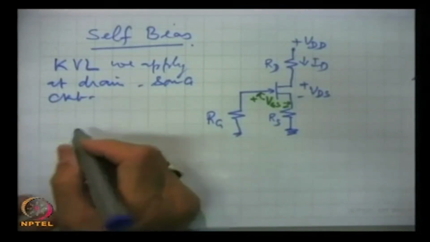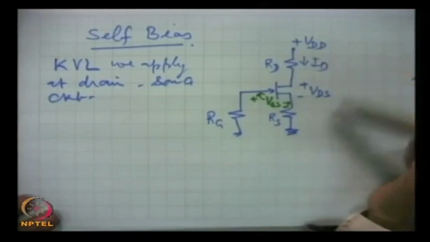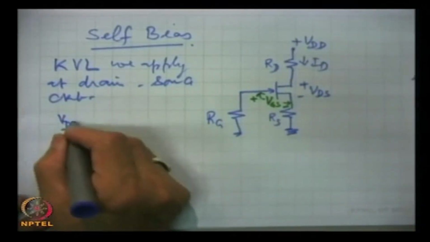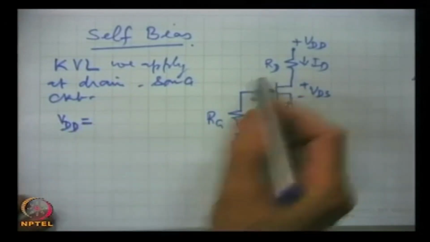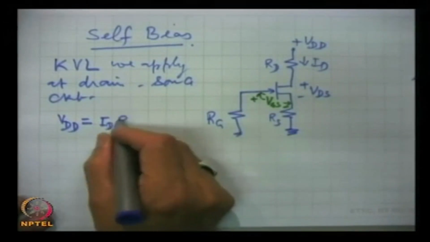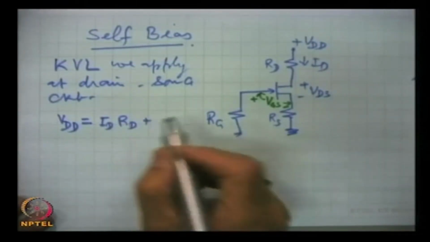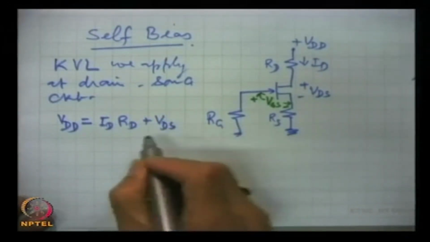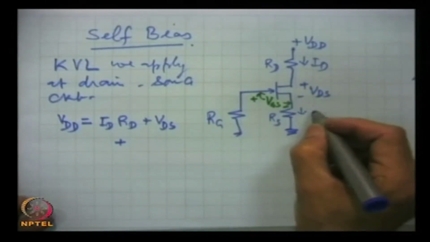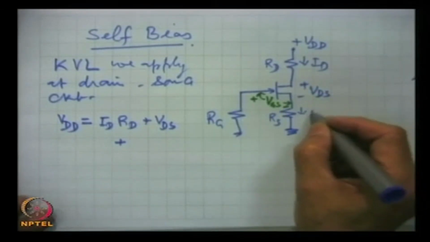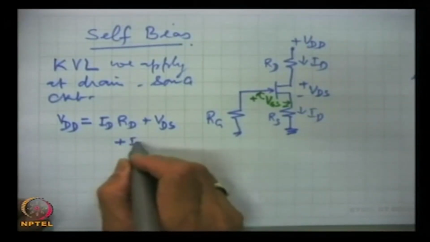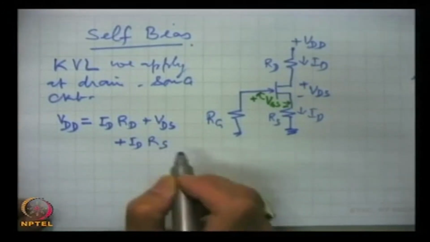We start with VDD, this is equal to ID RD plus VDS plus the same current flows here, ID RS.